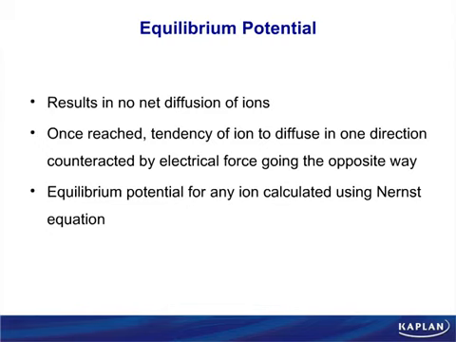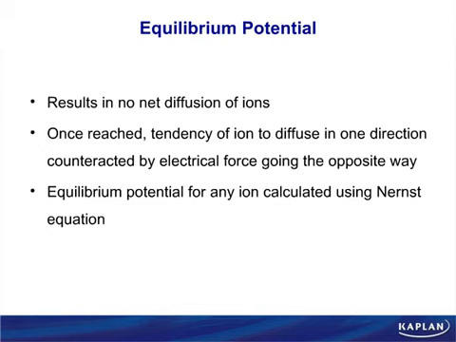So I may have a chemical gradient for it to diffuse into the cell, but I have an electrical pull driving it out of the cell. Equilibrium potential is when those two forces are in balance, or they completely counteract one another.